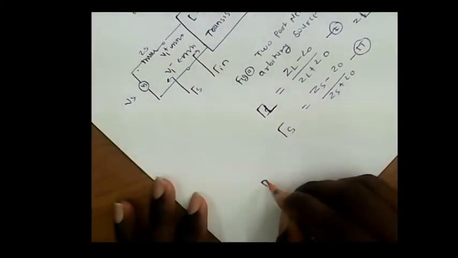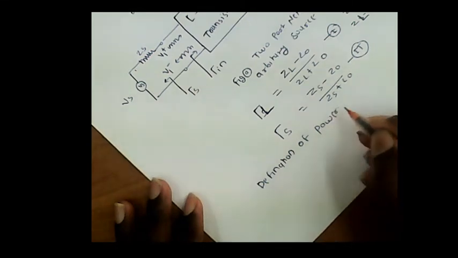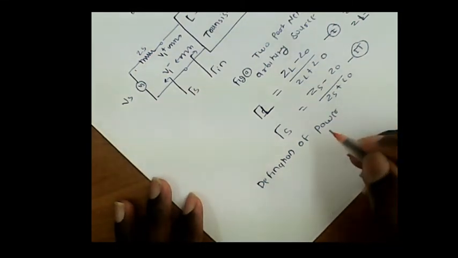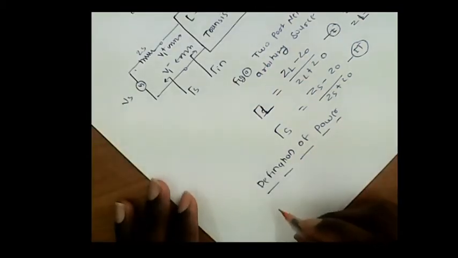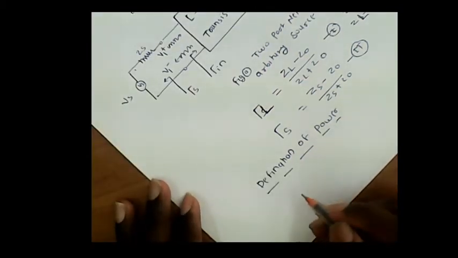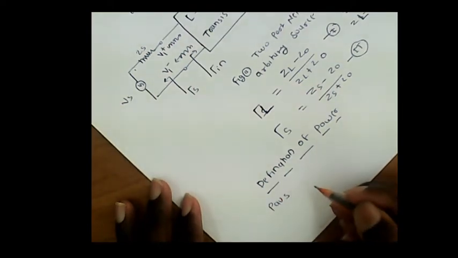We define first the definitions of a power which is related to the two port network, which is very important while we are dealing with calculation of power gain. So the power available from the source is denoted by PAVS.